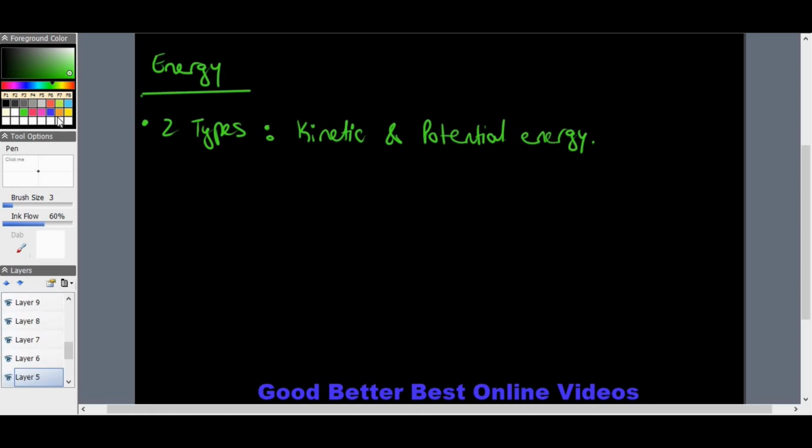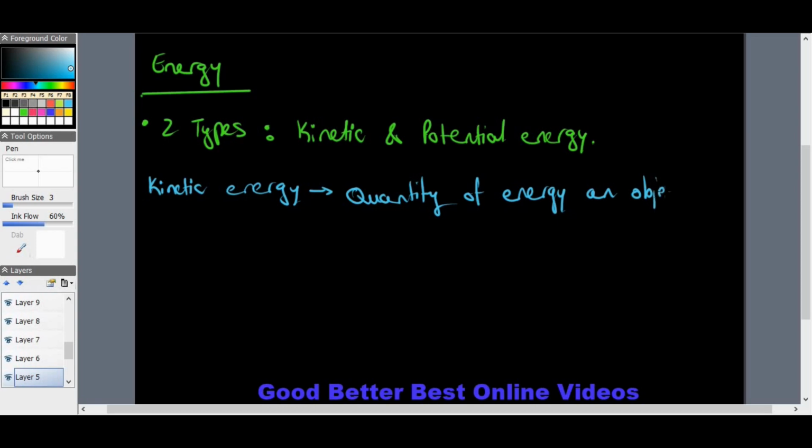Now let's have a look at the first one, which is kinetic energy. Let's give it a definition, a normal English definition. Kinetic energy is defined as the quantity of energy an object possesses because of its motion.